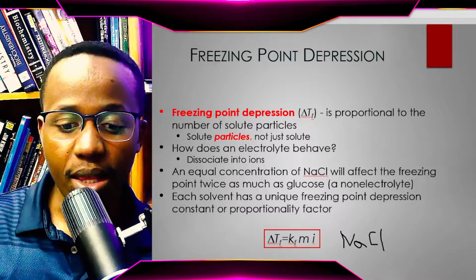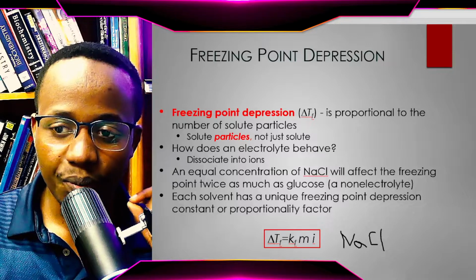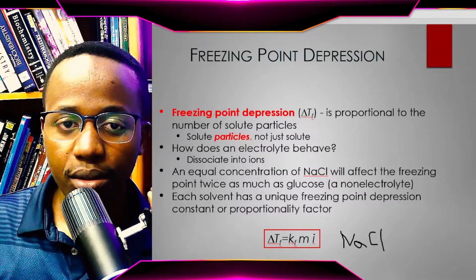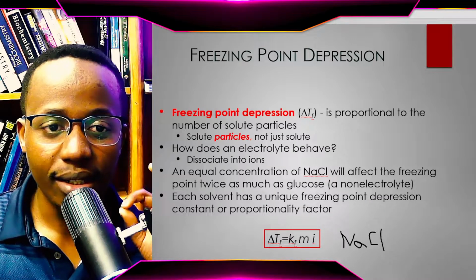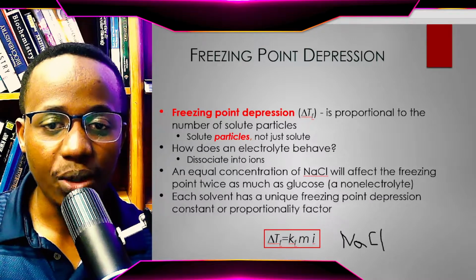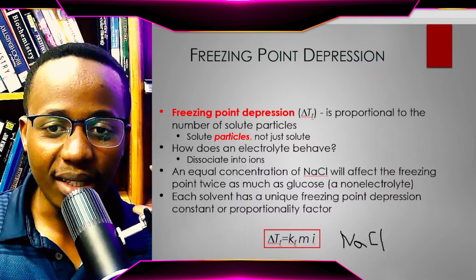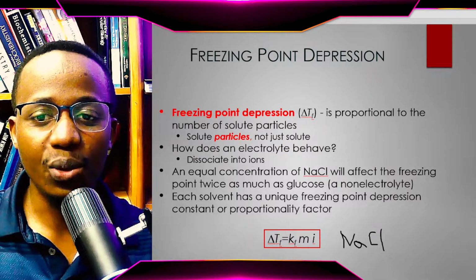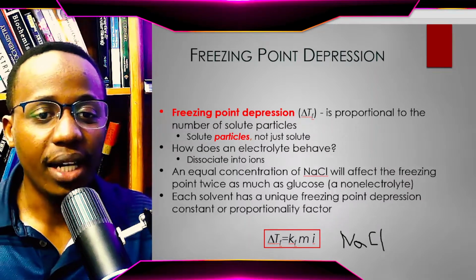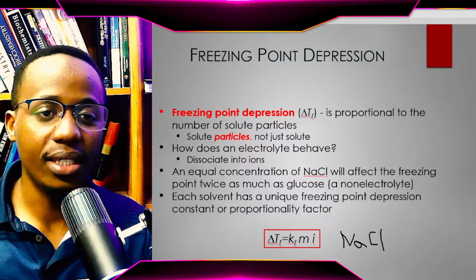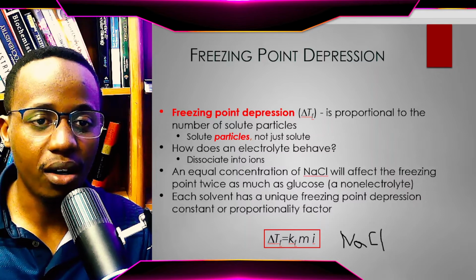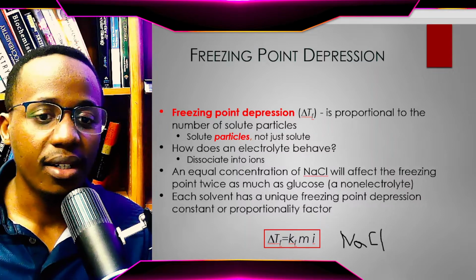Well, remember that NaCl or other ionic compounds dissociate in water. They're electrolytes. And that means that NaCl, when it gets into water, is going to divide into Na and Cl. Na plus and Cl minus. And these are what?